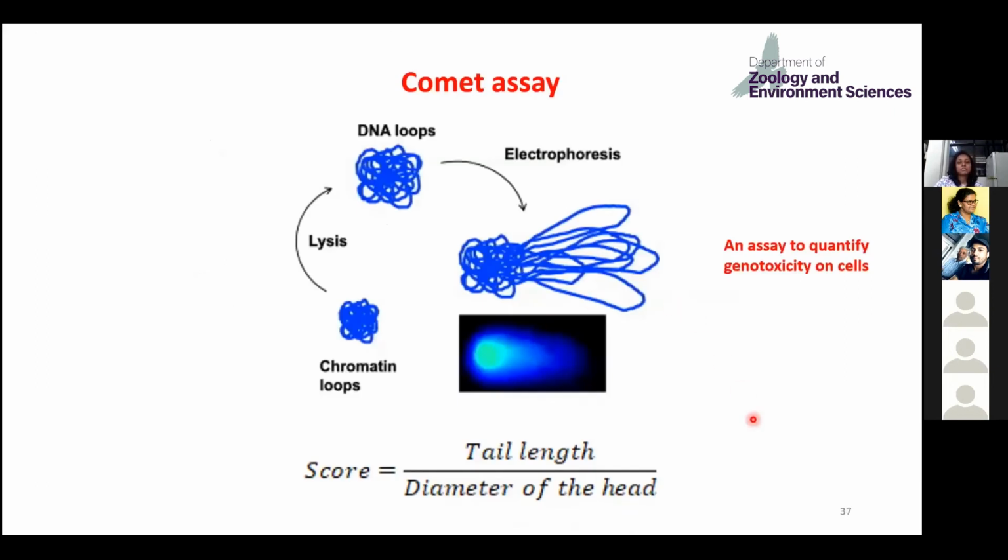Then we used the COMET assay to check the genotoxicity on hematopoietic stem cells, as the distillate didn't have any significant effects on the female cell line. So we chose the COMET assay.